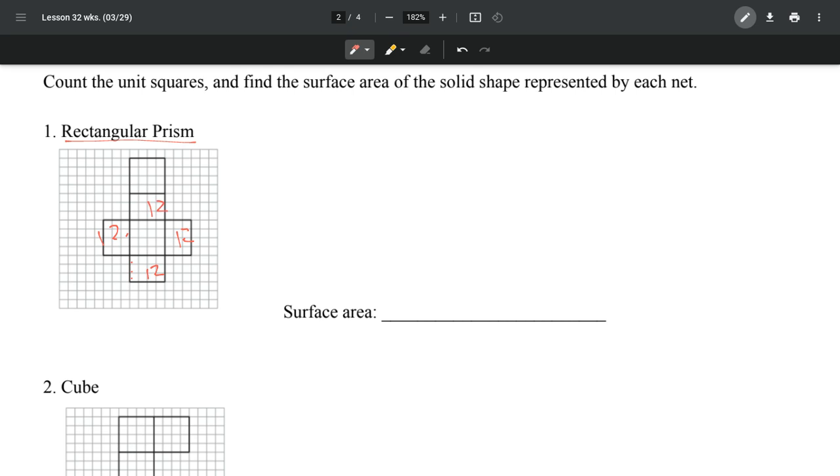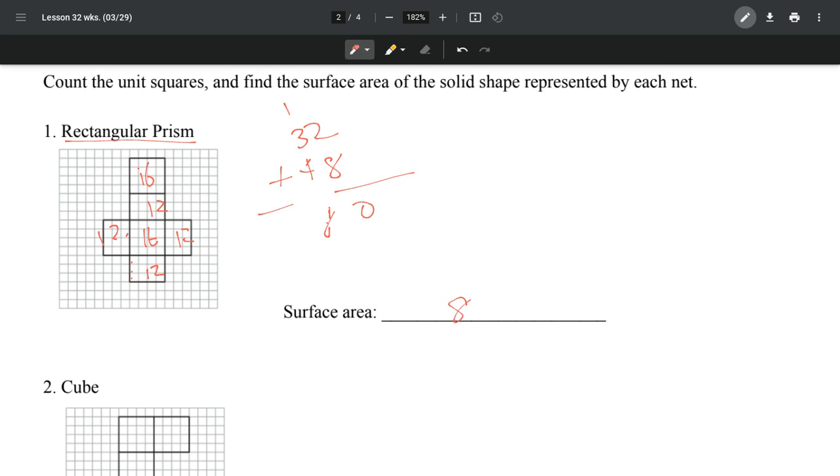And so the remaining two surfaces, that's 4 by 4. And so that's going to be 16. That is going to be 16 also. And so 16 plus 16, that's 32. And then there are 4 12s, and so that's 48. So 32 plus 48 is 80.